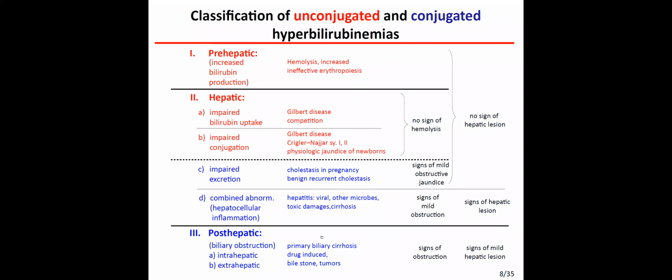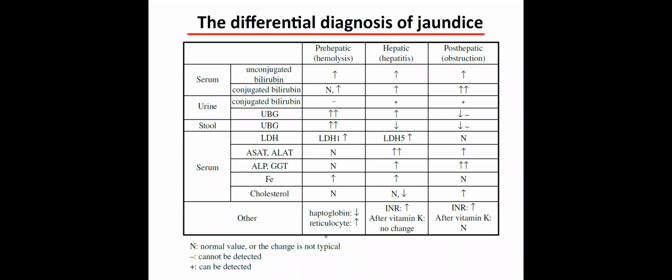Now, let's continue. This is the summary of the lab diagnostic results based, again, on the place of the problem, prehepatic, hepatic, or posthepatic, or different categories such as the serum bilirubin, unconjugated, conjugated.